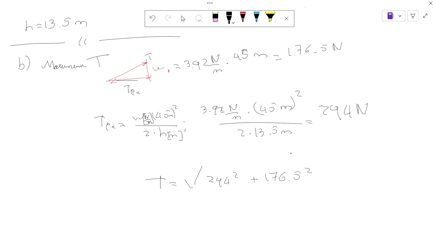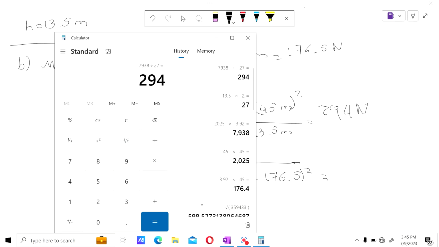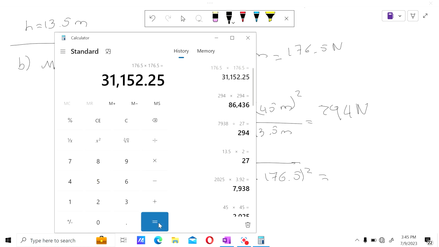Let's see if we can do this. 294 times 294 equals 86,436, and then 176.5 times 176.5 is equal to 31,000.